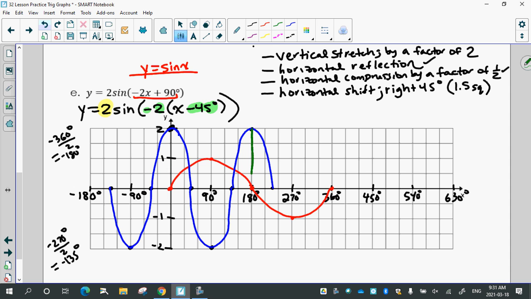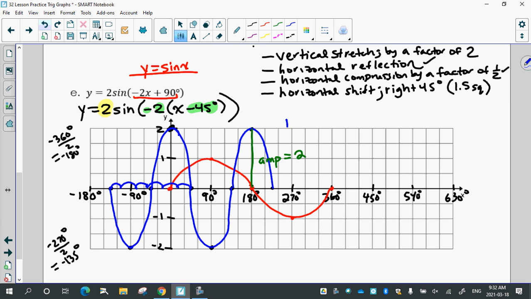Okay, so my amplitude is 2. And the period is 1, 2, 3, 4, 5, 6 squares.